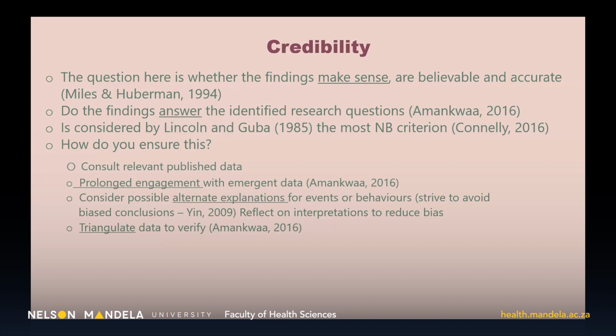Right, so we need to find ways to ensure that our findings make sense and that they're answering the research question. So techniques that are recommended for this is consulting relevant published data.